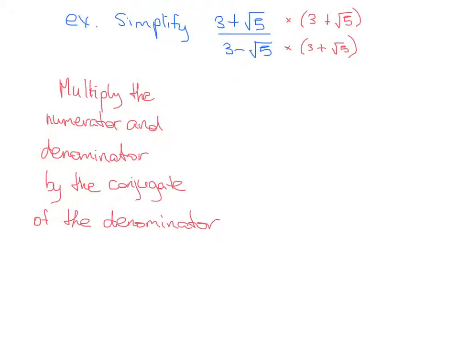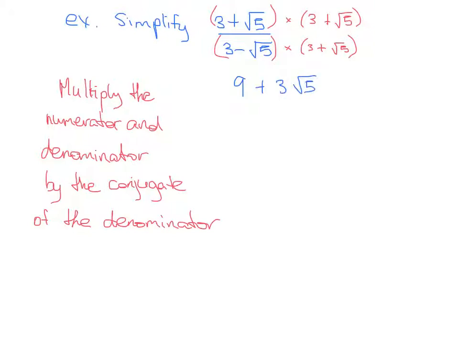Remember, we're going to do first, outer, inner, last. I'm going to do it a little quicker than I did it before. All right, so let's just put this here so we can visualize. So at the top, we have first times first, 3 times 3 gives us 9. Outer, 3 times root 5 gives us plus 3 root 5.